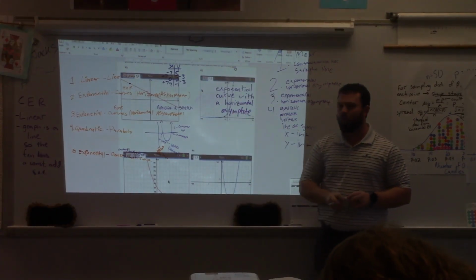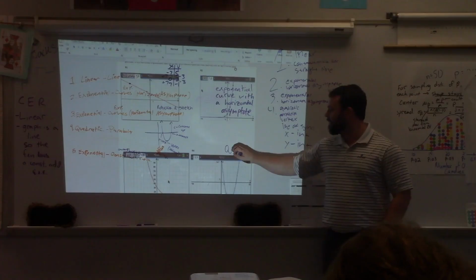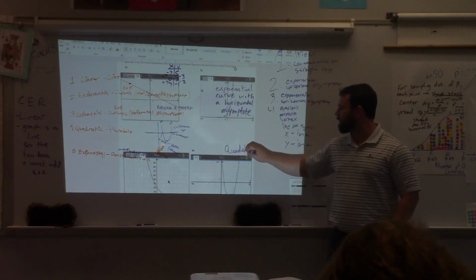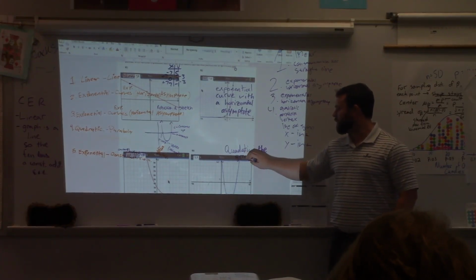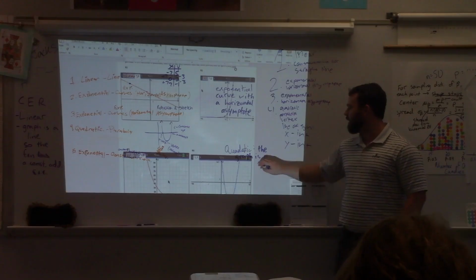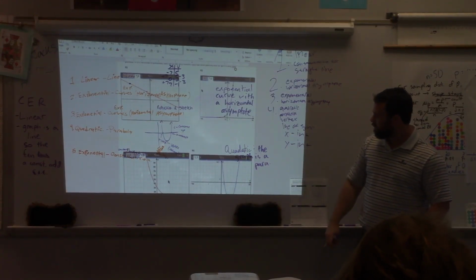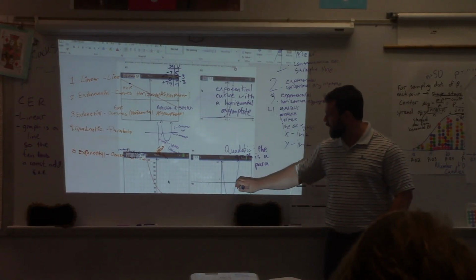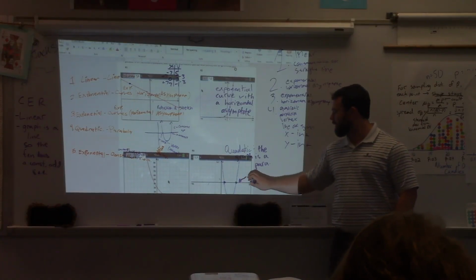Finally, number 4 is a quadratic, and what's the evidence for the fact that it's a quadratic? Parabola. The graph is a parabola. Note, as Dean is talking about, what is this point right here? Or these points? Those are x-intercepts, right?